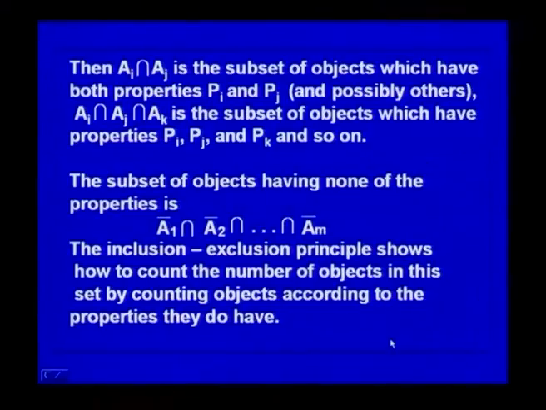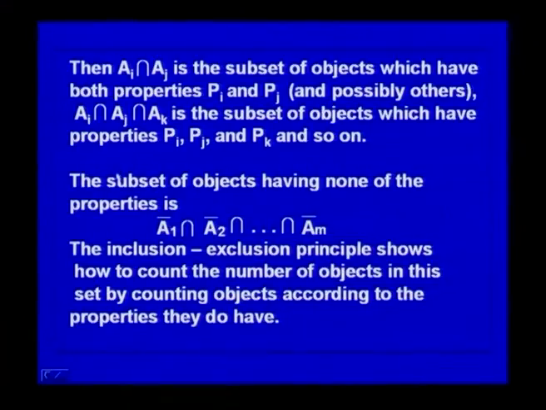Then Ai intersection Aj is the subset of objects which have both the properties Pi and Pj and possibly others also. Ai intersection Aj intersection Ak is the subset of objects which have properties Pi, Pj and Pk, and so on.